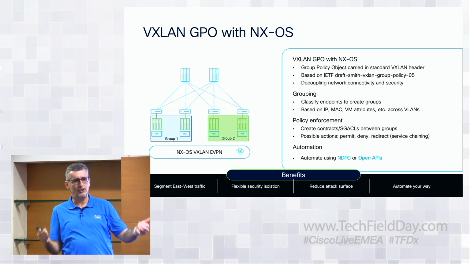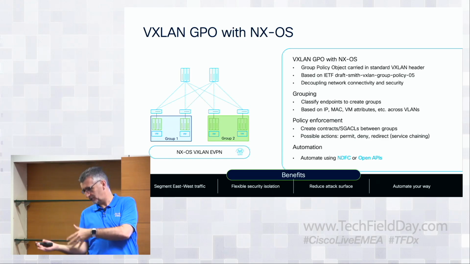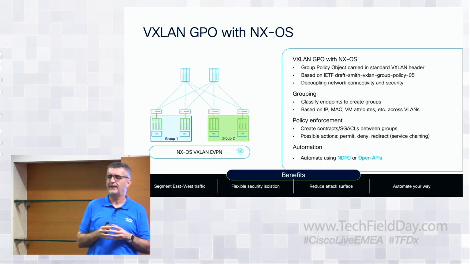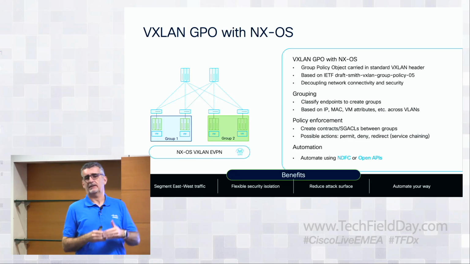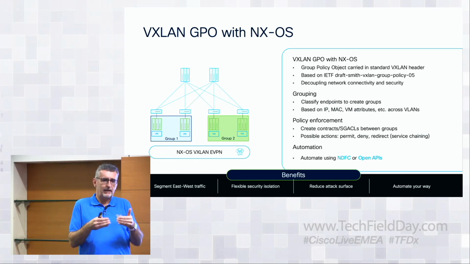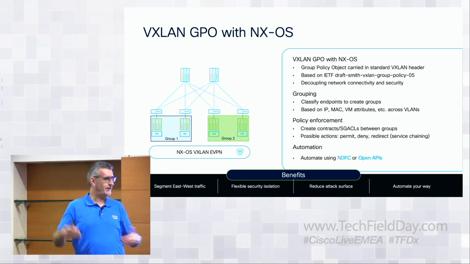We called it EPG at the beginning. Now we have ESG, which is actually the right way of doing segmentation in ACI. This is part of a standard, and I'll talk about the standard in a second. We're going to bring a similar functionality. If you are familiar with ACI ESG, this is similar.